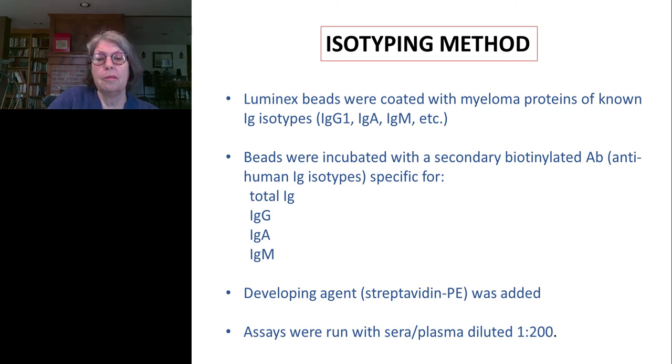And so we did a control experiment that I'm going to show you. For this control experiment, the beads were coated with myeloma proteins of known immunoglobulin isotypes.